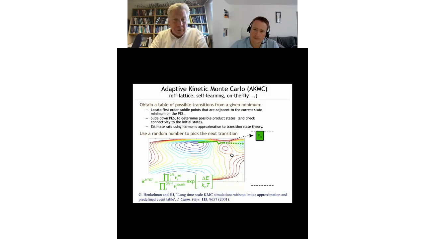You've got the energy of the saddle point, you compare it with the energy of the initial state minimum. You calculate the Hessian matrix there at this point. Perhaps you calculate the Hessian matrix only for a subset of the atoms, having the rest frozen, and that's typically a good approximation actually. And then you get a rate.